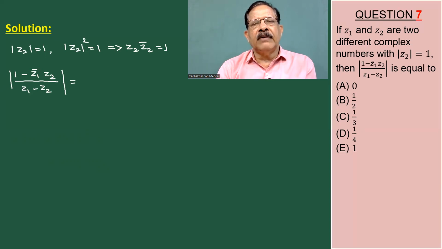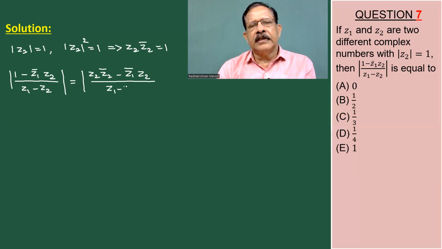So I am replacing 1 by Z2 Z2 bar. So in the numerator, in the place of 1, I am writing Z2 Z2 bar minus Z1 bar Z2, divided by Z1 minus Z2. In the numerator, what is common?